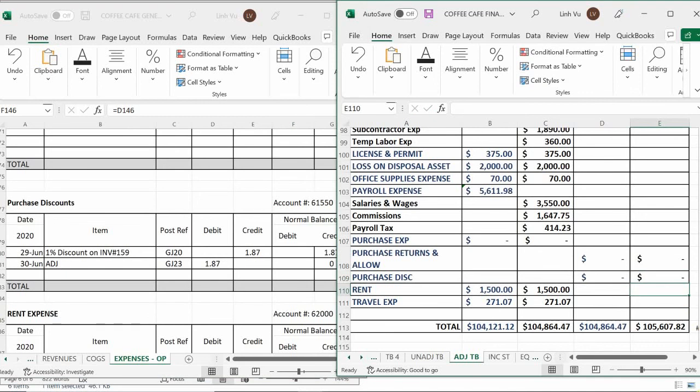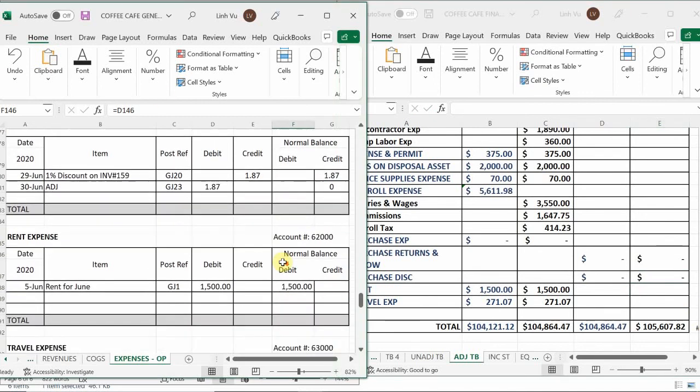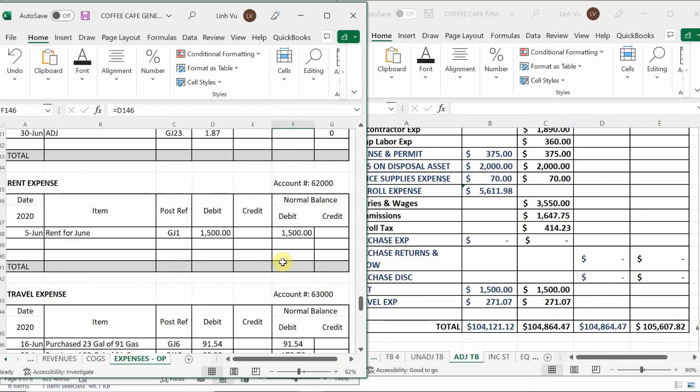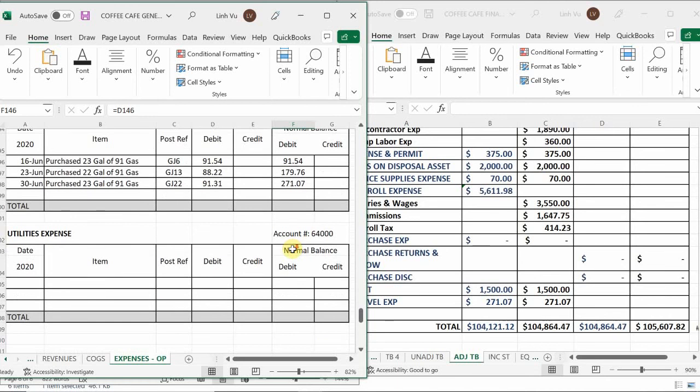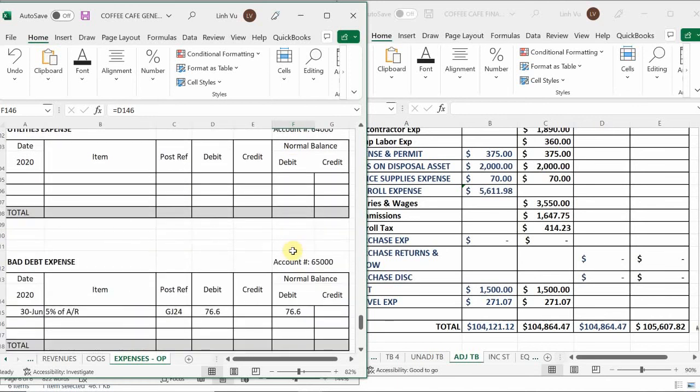Okay? Right, we're reaching the bottom. All right. Next we have here is my rent is still for $1,500. Okay. My travel expenses is still $271.07. Okay, utilities expense, nothing there.